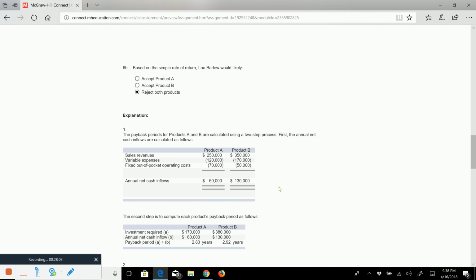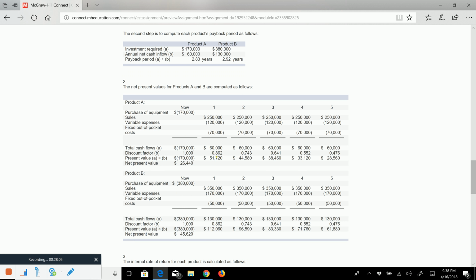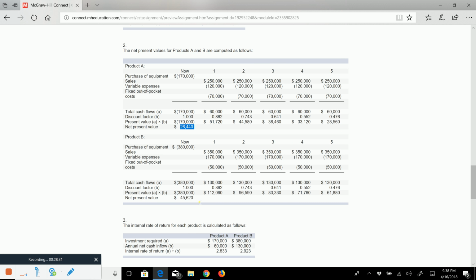So if you go to the 16% column and you go to period 1, you're going to find this factor. 16% column, row 2, you'll find this factor, etc. So if you take your cash flow, multiply it by the discount factor, you get your present value. Adding up all of your present values, subtracting out your cash outflow, you get a positive $26,440. Product B, you do the same thing.